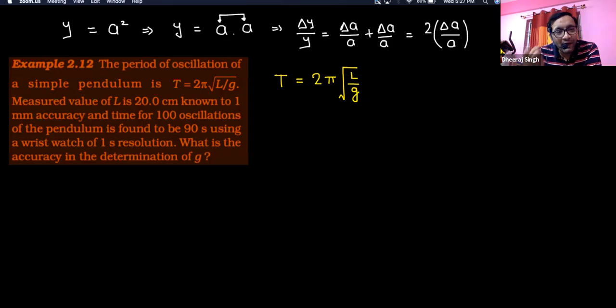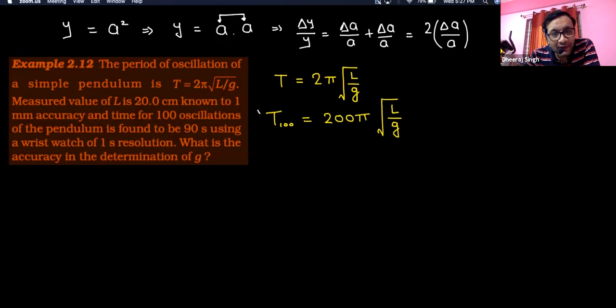So you need to modify the formula for 100 oscillations because you're measuring 100 oscillations, not one. So for 100 oscillations, the formula should have been 200 pi root over L by G.